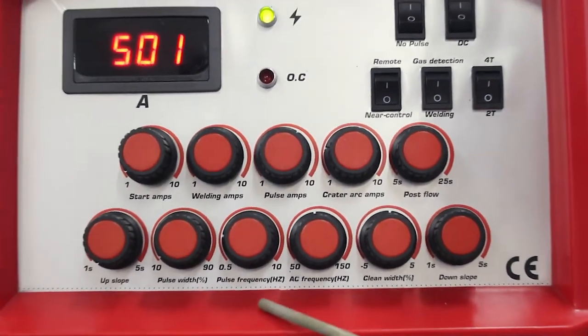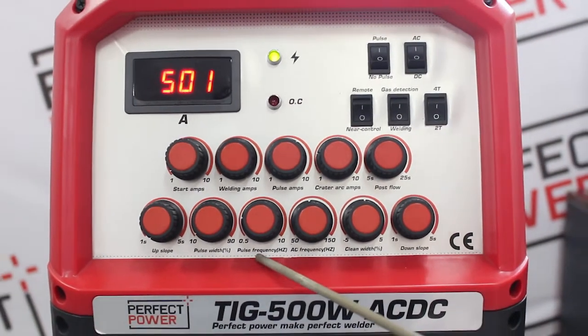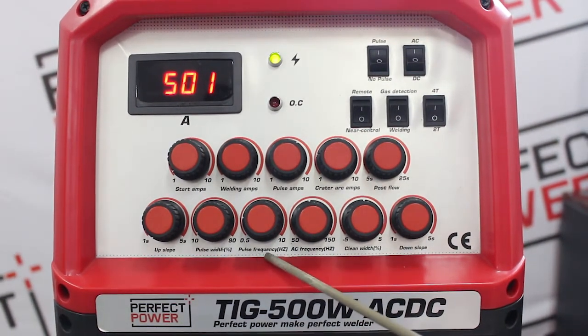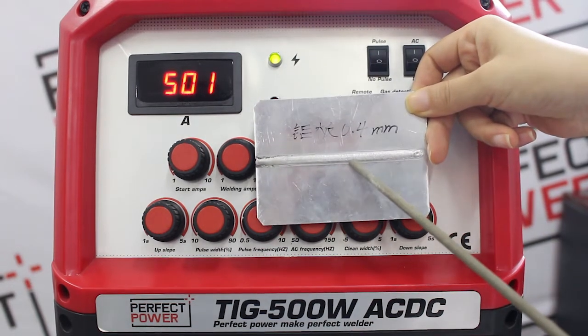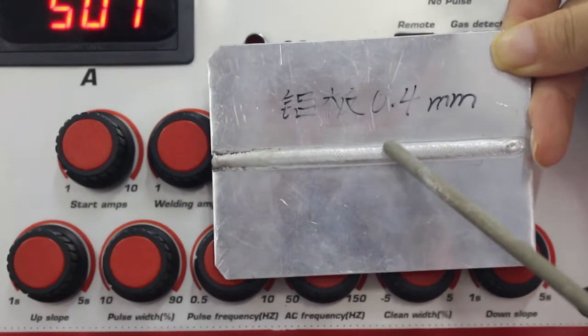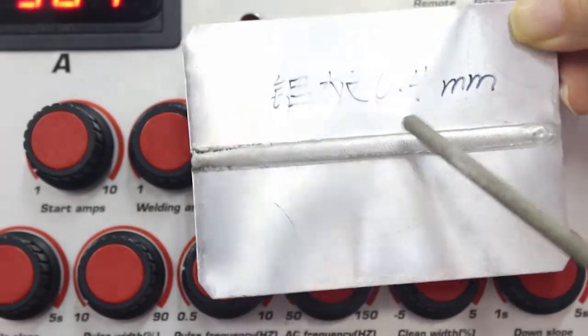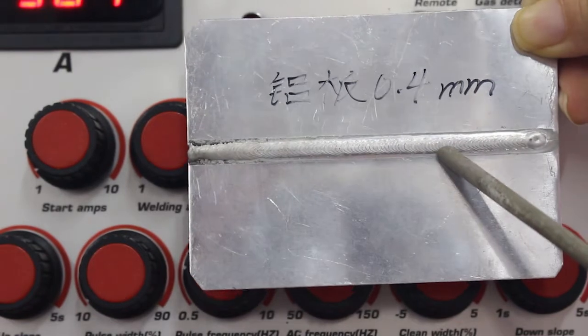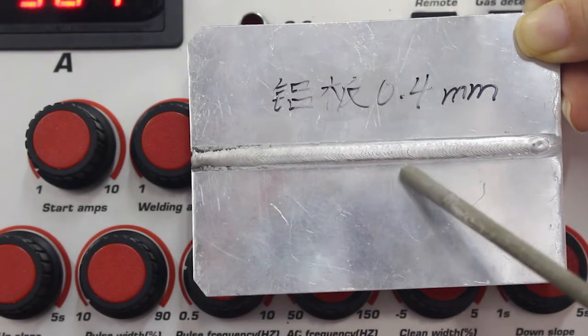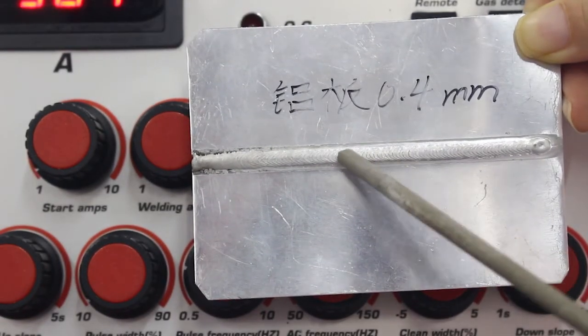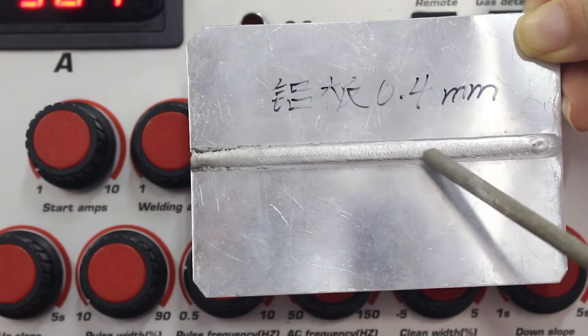The pulse frequency realizes the density of the figure of the fish scale. When the pulse frequency is high, the figure of the fish scale is very narrow and concentrated.